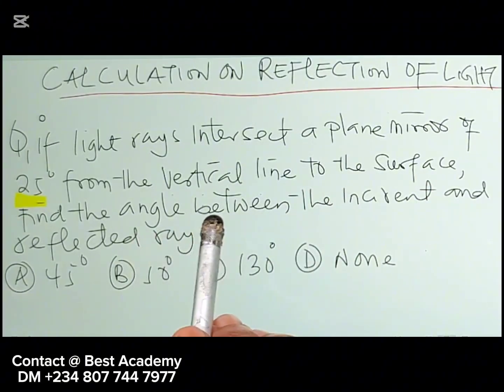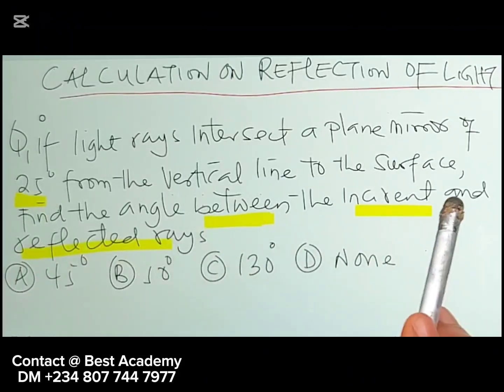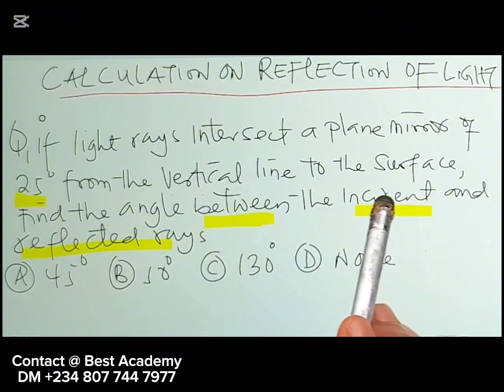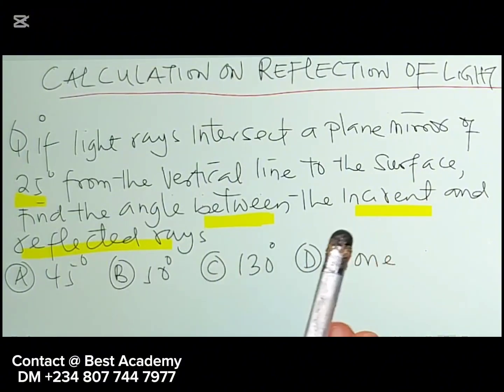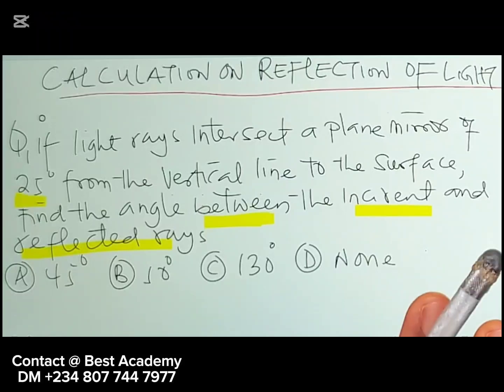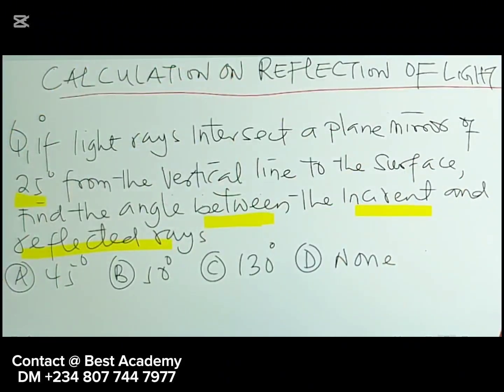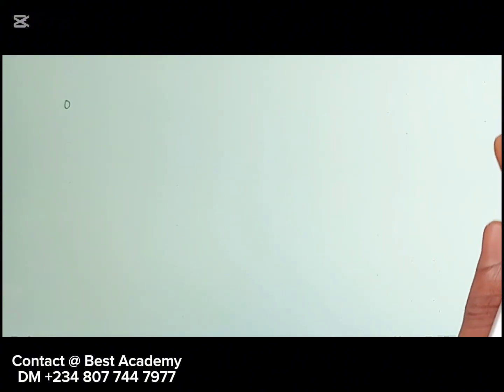Find the angle between the incident and reflected rays. So finding the angle between the incident and reflected ray is different from finding the angle of the incident and reflected ray. Okay, now in this question we are going to understand the meaning of angle between incident and reflected ray. But first of all, let's try to narrate this question here.